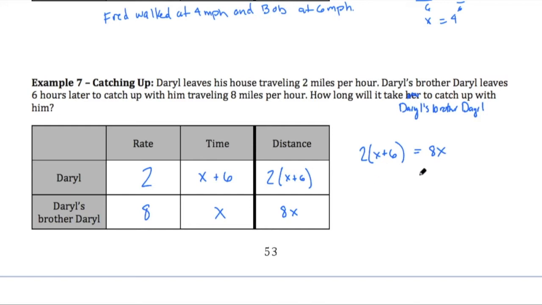And that's when Daryl's brother Daryl will catch up to Daryl. So we'll have 2x plus 12 equals 8x. We can subtract 2x from both sides, and we get 12 equals 6x. Divide both sides by 6, and we get 2 equals x. So that means it will take Daryl's brother Daryl 2 hours to catch up to Daryl.